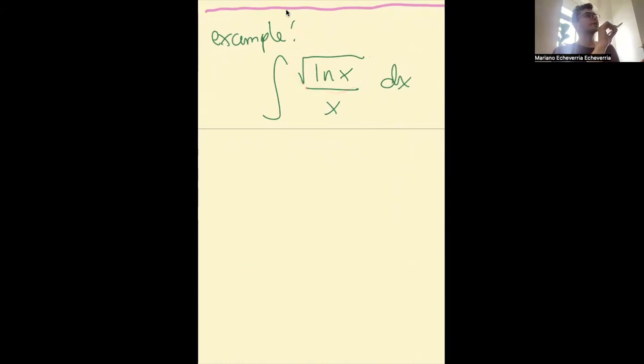What looks the most weird is ln of x inside a square root. That's difficult to deal with on its own. If we had square root of x, that wouldn't be a problem because we could compare that to the table. So the idea is to force it into a version that looks more closely like the table. So you can take u to be ln of x.